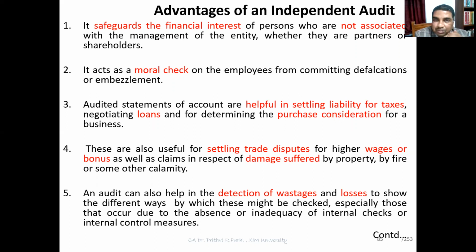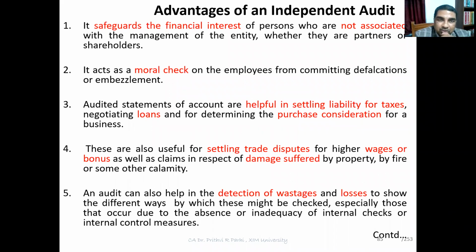Second is that auditing acts as a moral check on the employees against committing defalcations and embezzlements. Auditing sends a message to the employees that the financial statements, and in the process the activities, the transactions and the documents of the company, are checked. Someone is verifying all these documents.